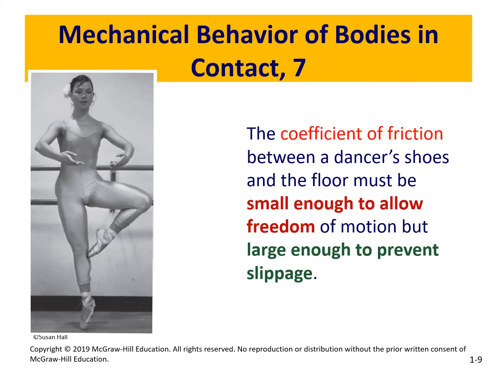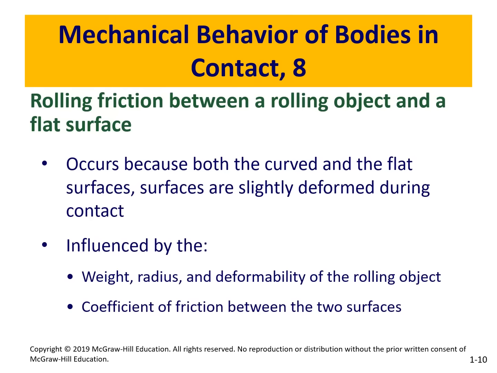We also need to consider that in statics and dynamics we studied solid objects, but now we can look at rolling friction between a rolling object and a flat surface. We need to consider friction carefully, because we have curved objects and flat surfaces, and sometimes the flat surfaces could be deformed during contact, so we don't have solid objects.